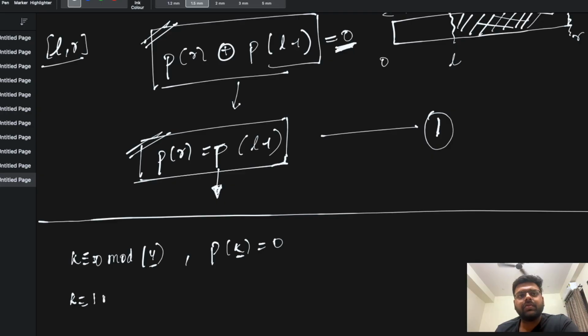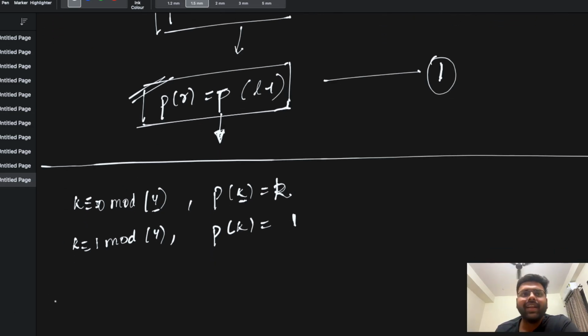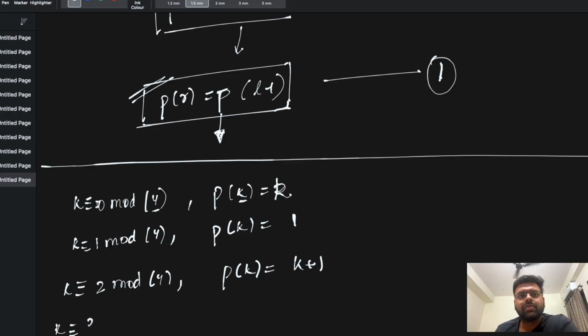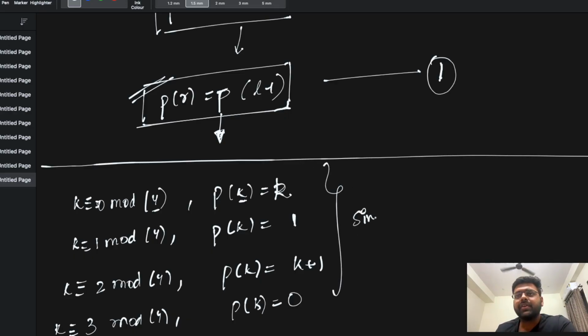When this was 1 mod 4, my pk was equal to k. When k mod 4 is 2, my pk was k plus 1, and when this was 3 mod 4, my pk was equal to 0, right?